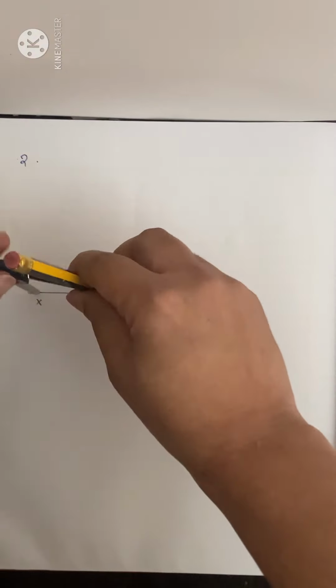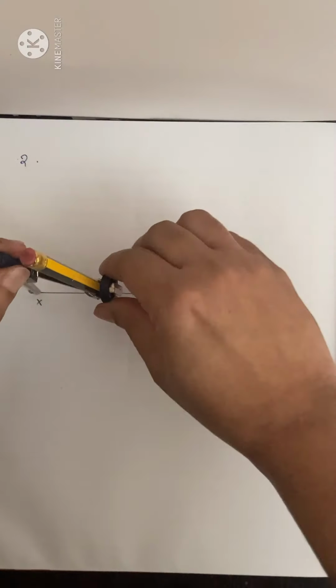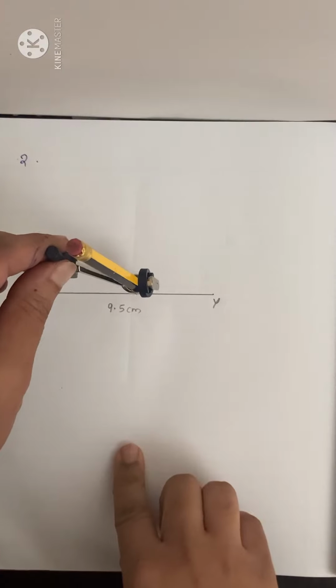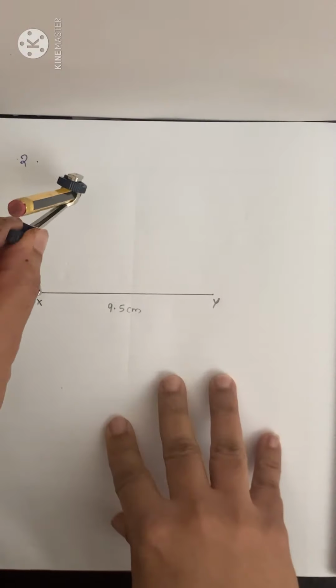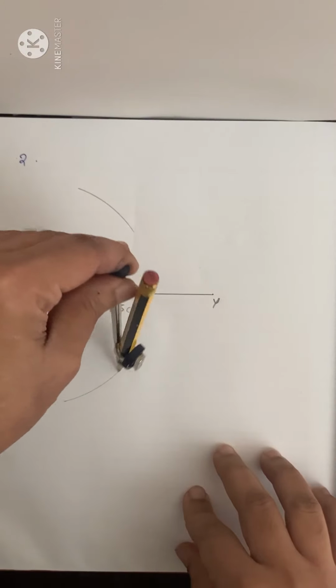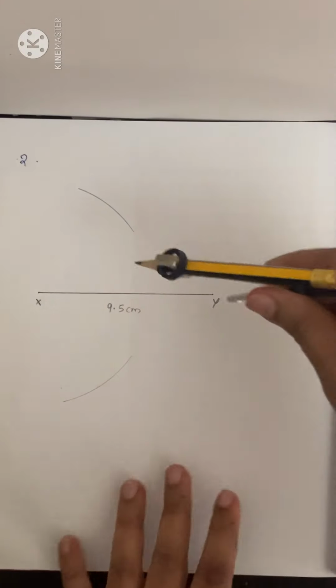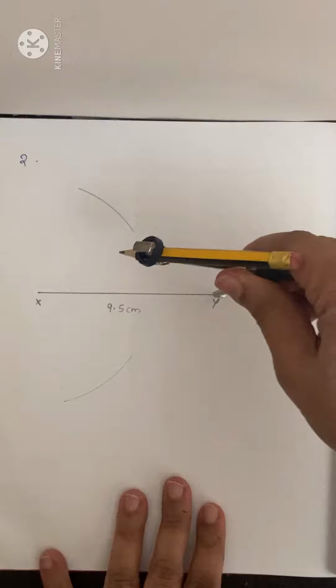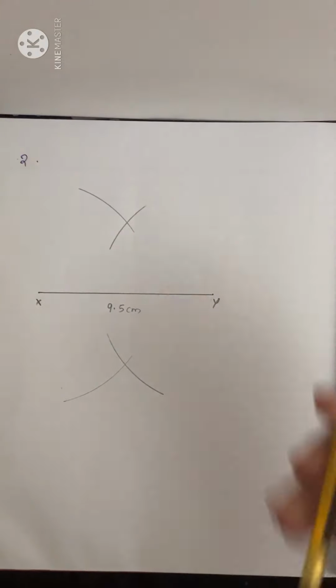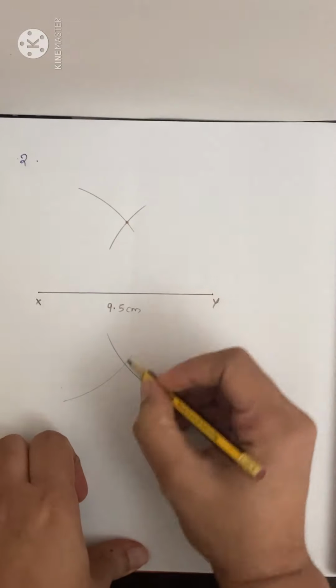With X as center, open your compass with a radius more than 9.5. Draw an arc at the top and bottom of the line segment. With Y as center, draw the arc. Now join the intersecting points.